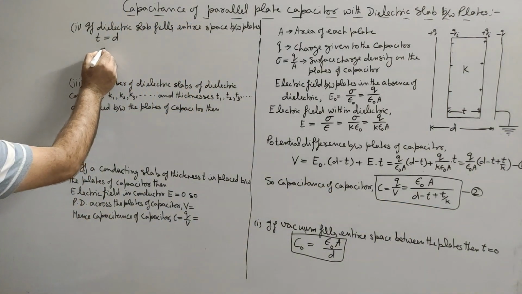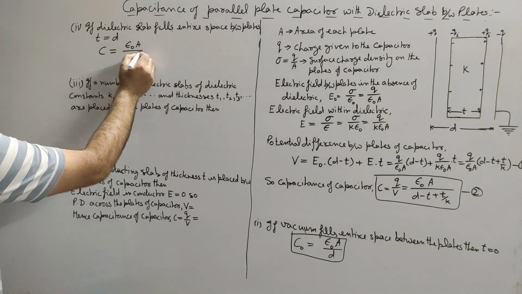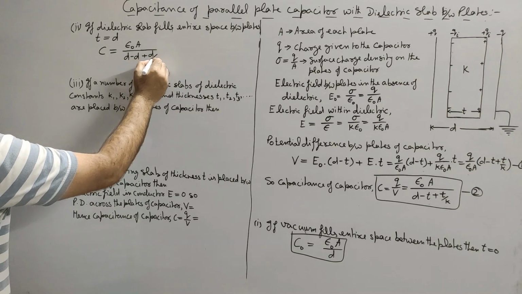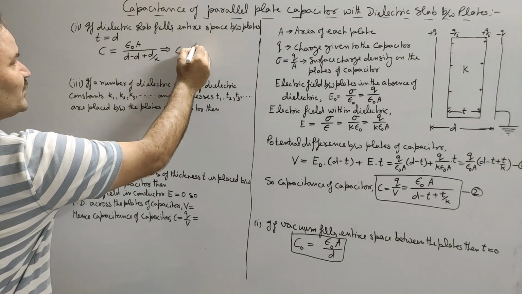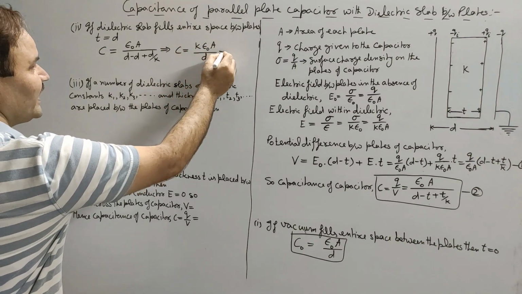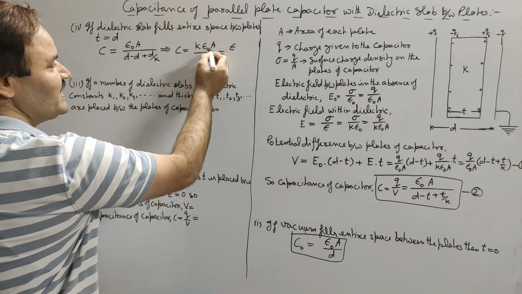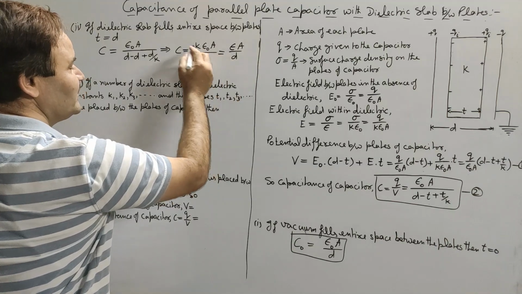So the capacitance C will be epsilon naught A upon d minus d plus d upon K, and this implies C is equal to K epsilon naught A upon d. K epsilon naught can also be written as epsilon, that is the permittivity of the medium, so C is epsilon A upon d.